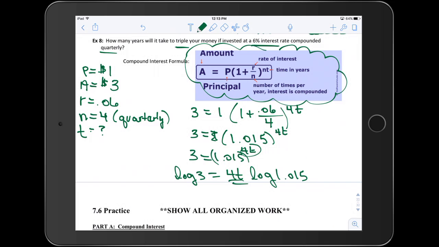And so at this point, you're going to divide both sides by log of 1.015, start solving for it, right?